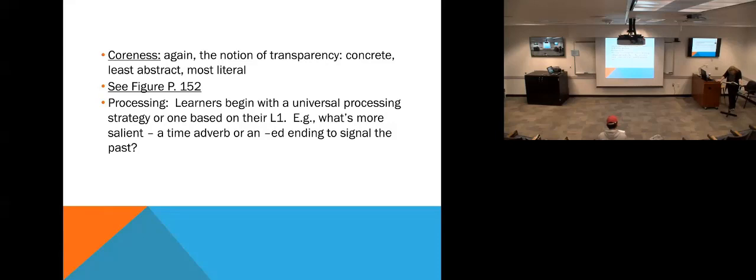Okay, so coreness means that it reflects the way the world works, right? It makes sense to you. The way the grammar is organized reflects the semantic reality of the world. Does that make sense? Okay, so as I said, if you're doing something over and over again, it would seem that the core meaning should be ing, right?